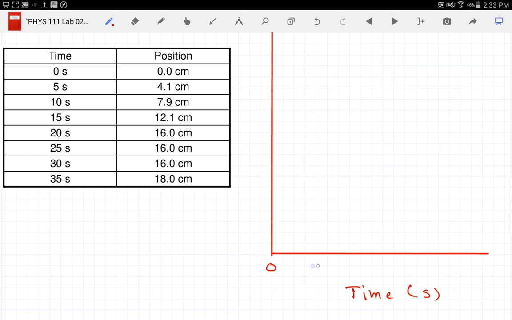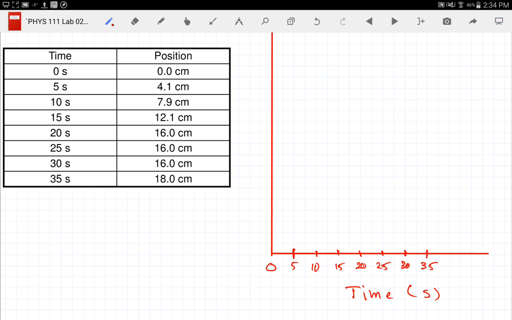Now 1, 2, 3, 4, 5, 6, 7, 8, 9, 10. Okay, I'm going to go 2 blocks for 5. So there I have my time spread out on the horizontal axis.